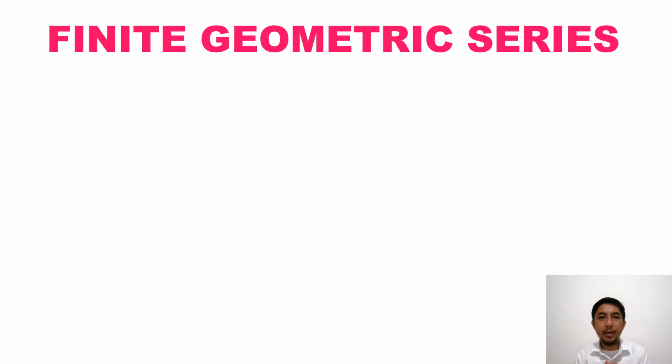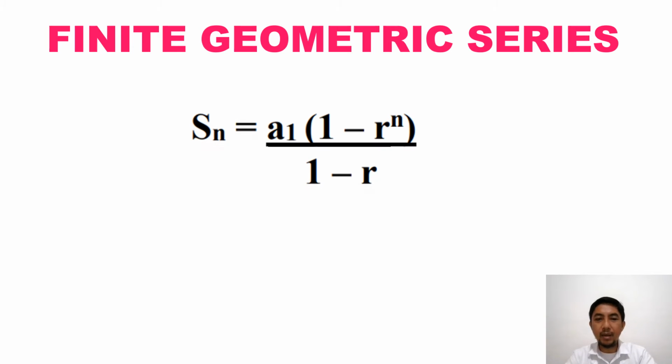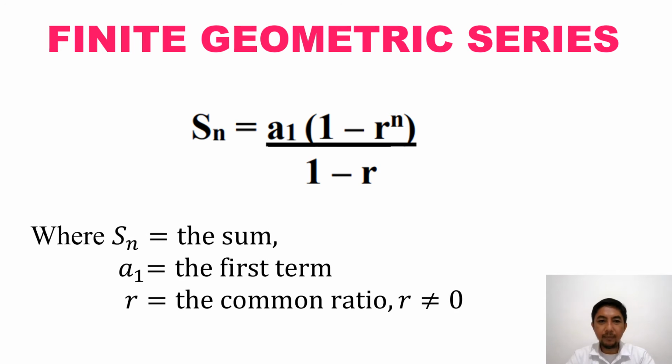Okay, so we are going to have now the formula for finding the finite geometric series. So we have S sub n equals a sub 1 times 1 minus r raised to n, divided by 1 minus r. So what is S sub n?